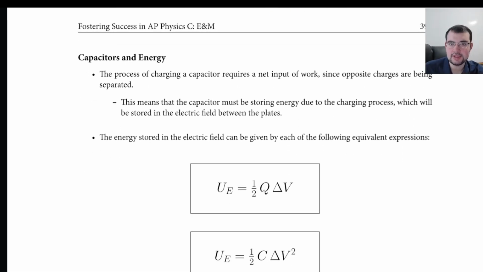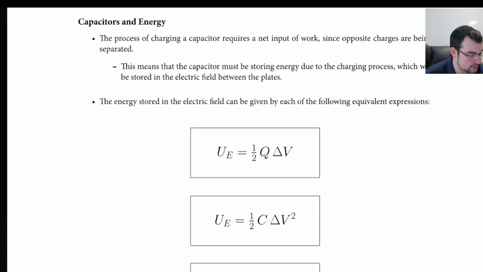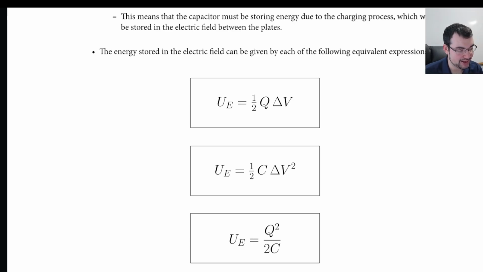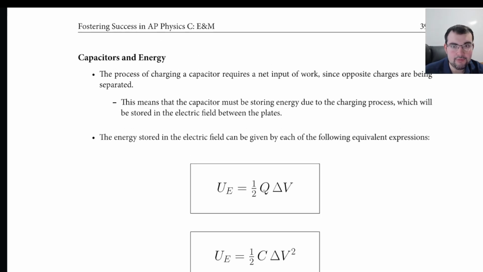So I've alluded to the fact that these capacitors store energy in the electric field. And depending on what two of the capacitor quantities you know, you can use one of these 3 formulas to find the stored energy. So again, the energy is stored in the field between the plates. And the field is determined by the charge, which determines the potential difference and all that.